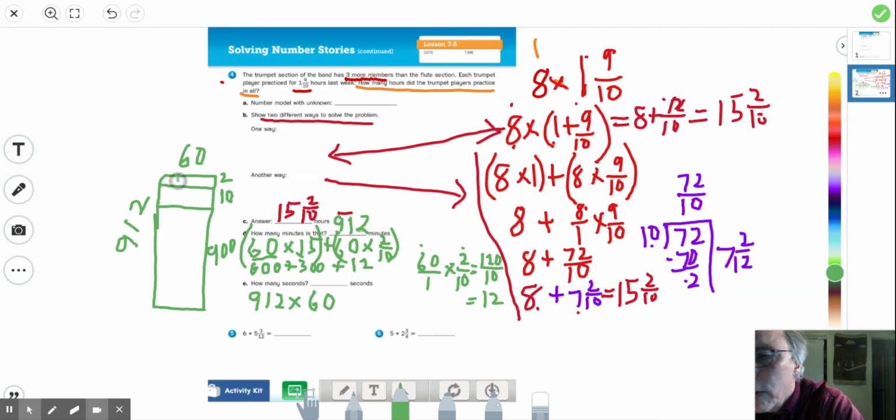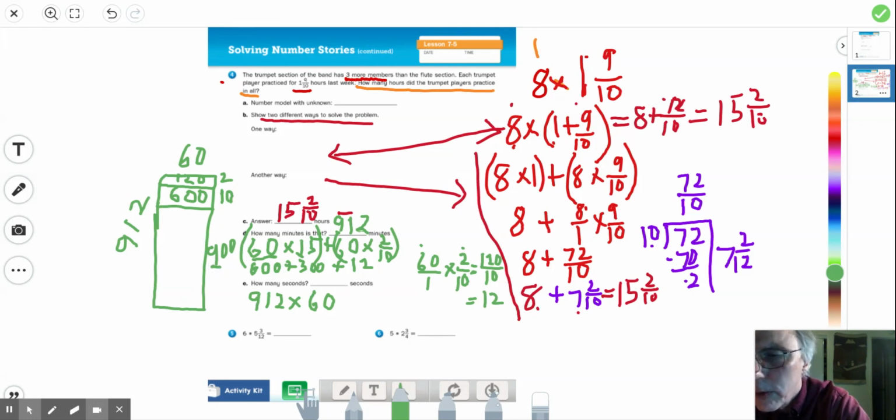60 times 2, 120. Should probably use a different color, but oh well. 60 times 10, well, 6 times 1 is 6, and then the 2 zeros. Yep. And then the hardest one, 900 times 60. Oh my goodness. But the only thing you need to see is 9 times 6.